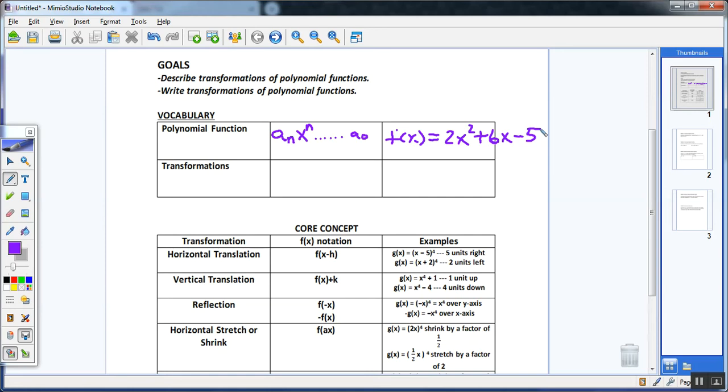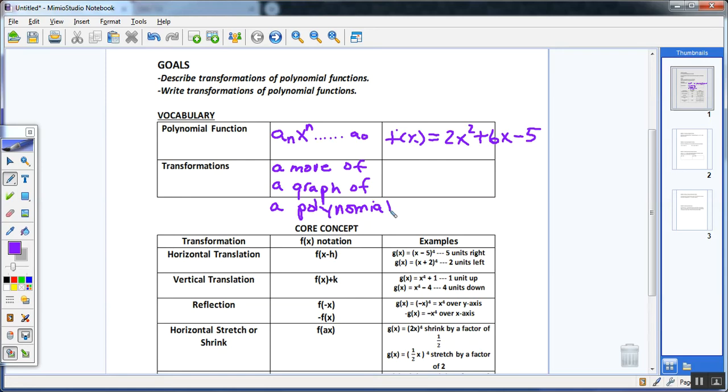Then transformation. Transformation is simply some kind of a move. It's a move of a graph of a polynomial.